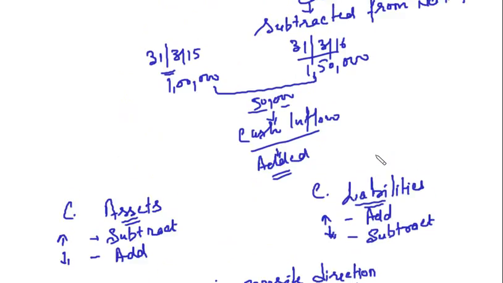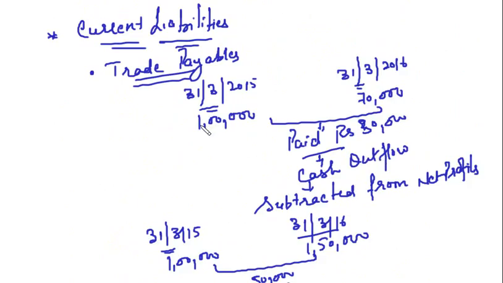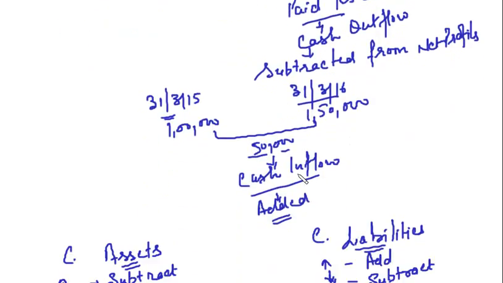The logic you know: trade payables, earlier it was 1 lakh, then 70,000, that means we have paid them 30,000 rupees, a cash outflow, subtracted from net profits. Earlier 1 lakh, then 1,50,000, that means we have borrowed 50,000 more, a cash inflow, so it will be added back. Clear, friends?